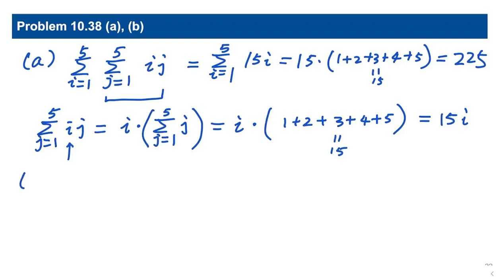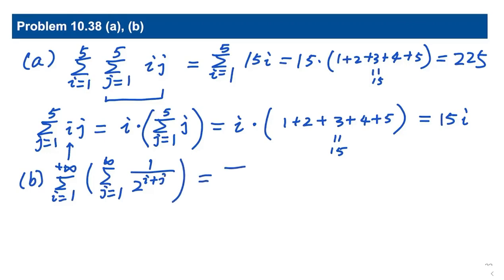Now let's look at part B. Evaluate the sum over i from 1 to infinity, sum over j from 1 to infinity, of 1 over 2 to the power i plus j.